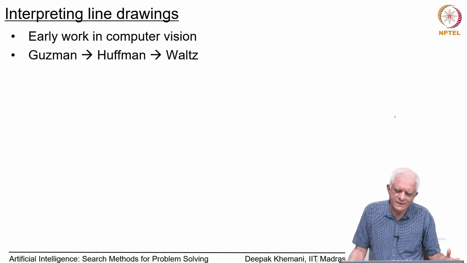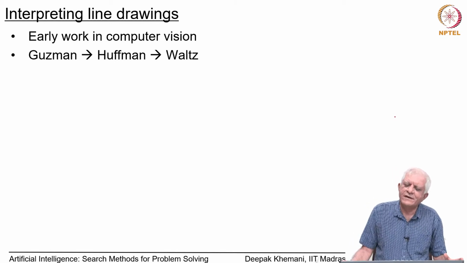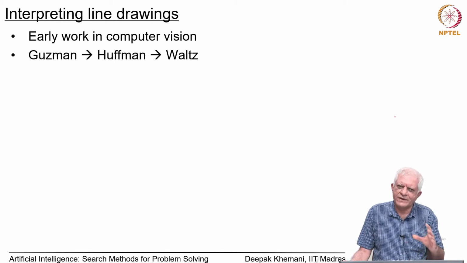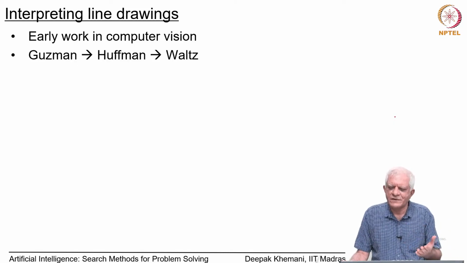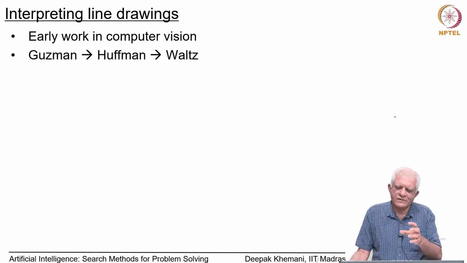The first was Guzman, who made the first attempt at saying that okay, if you give me a line drawing... remember that it is assumed that you have taken a photo of some scene. Let us say it is some still life scene, and it is made up of only objects which are made up of straight lines. Then can you separate out one object from the other and things like that.